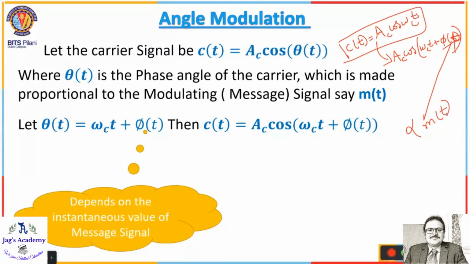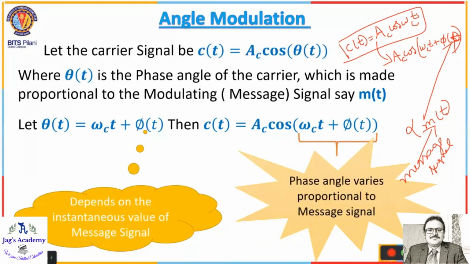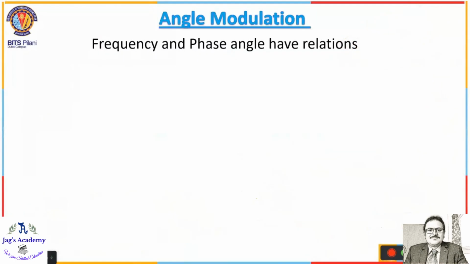This is your message signal. That's what we are doing in this, right? So this phi of t, I said, the phase angle varies proportional to the message signal. So the total phase angle varies. Ultimately what is going to happen to the carrier wave? Your entire phase angle of the carrier wave will vary according to the message signal.